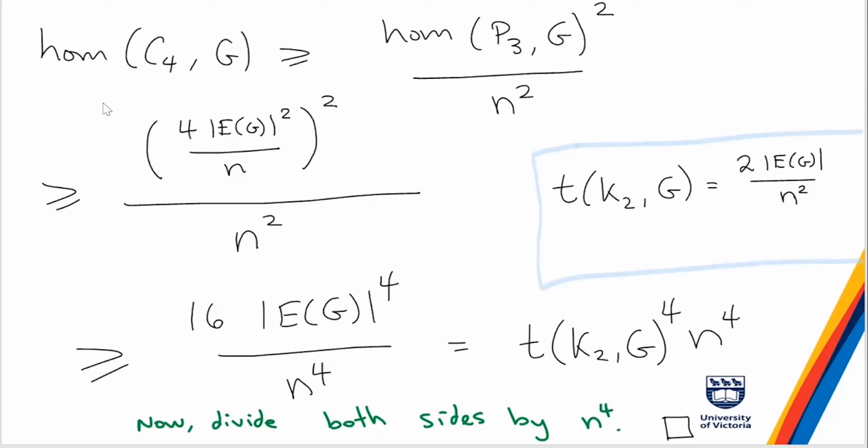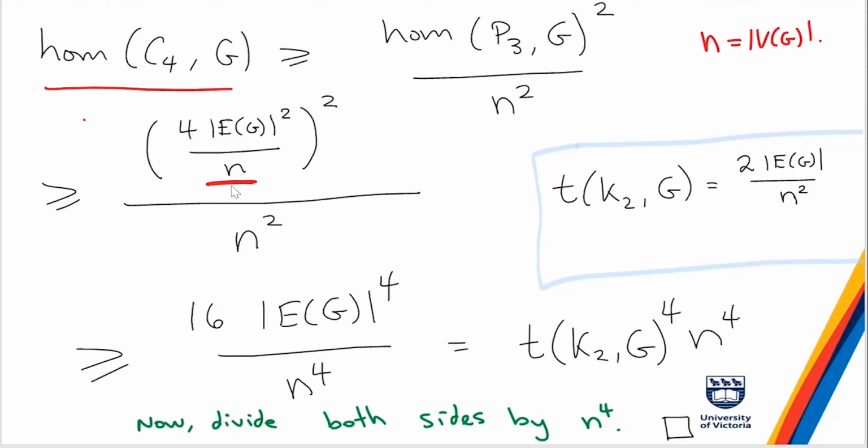Okay, so wrapping this proof up, we've got two inequalities that we've proved. This thing is at least this. Now I've switched to saying n is the number of vertices. And we proved the lower bound on hom P3 of G, which was like this, two slides ago. So this is at least this, which is at least this.